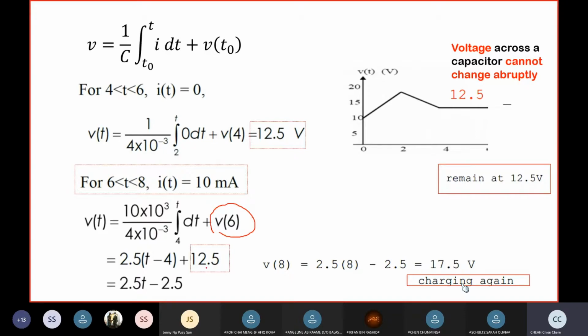Put into this integral starting from 4, and you can check that finally we get these equations. And if you put t equal to 8, you can check that the voltage is 17.5. So it's charging up again, because it was 12.5 and it starts charging up to 17.5 because your current is positive.